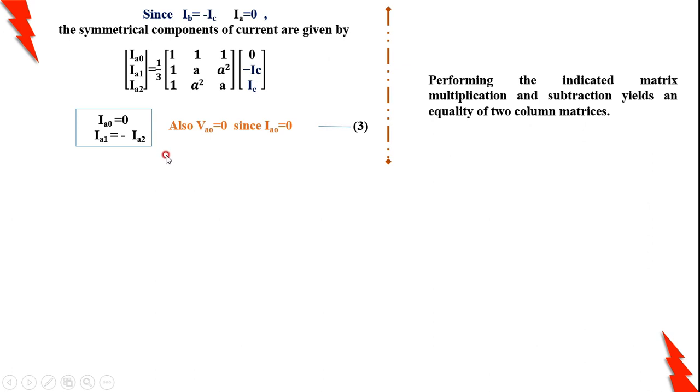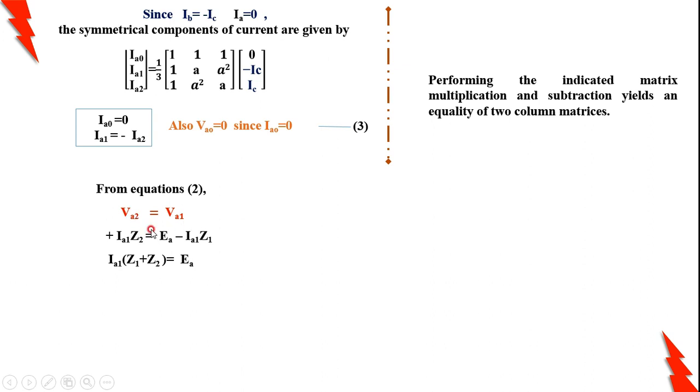Then we are interested in the sequence voltages, because we know the condition IA1 is equal to minus IA2. Then VA2 is equal to VA1, a condition we derived from the sequence voltages.